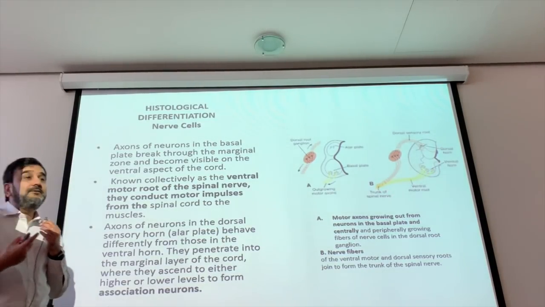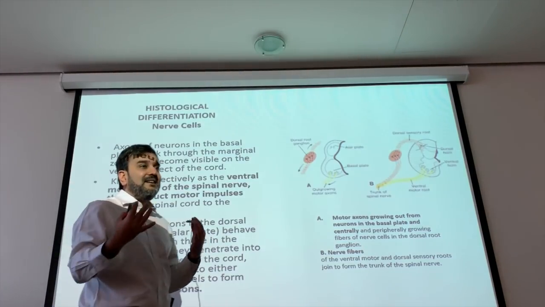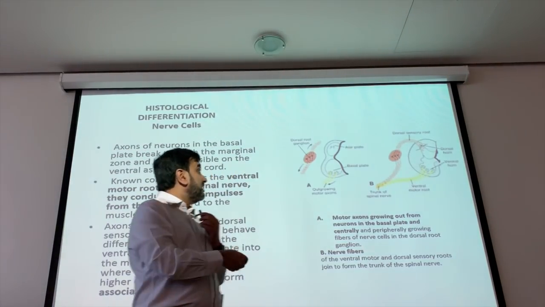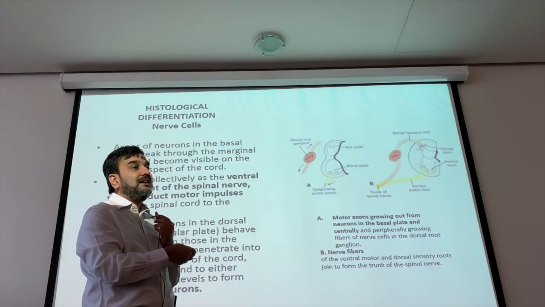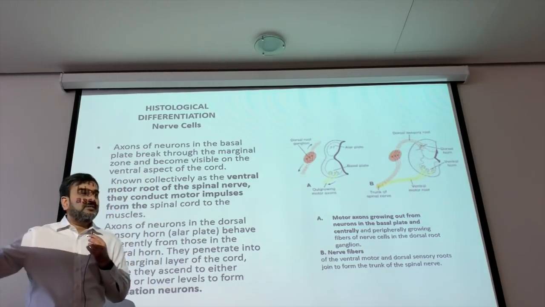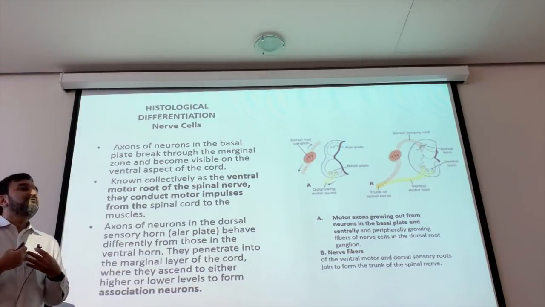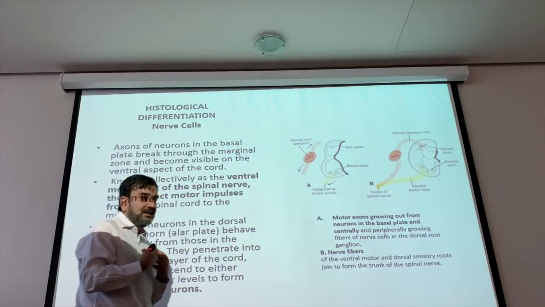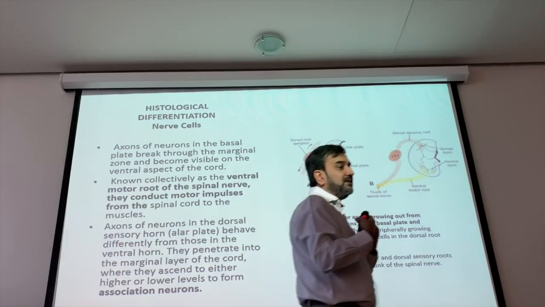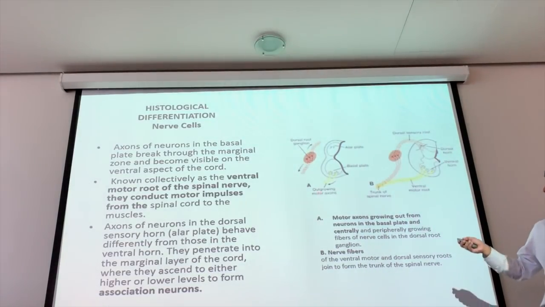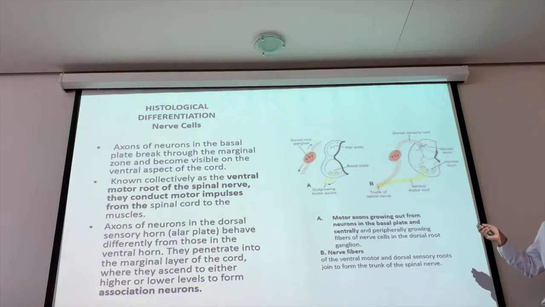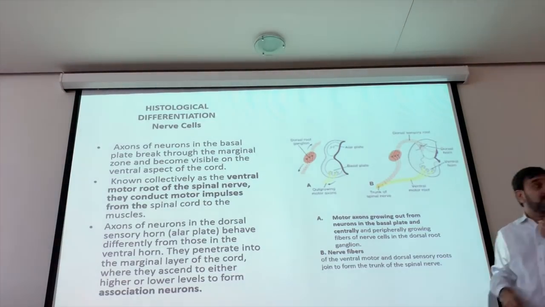So the spinal nerve has both sensory and motor components. The sensory component is coming from the dorsal root ganglia, and the motor component is coming from the basal plate. The processes of the basal plate are going to join there, giving rise to the motor component of the spinal nerve. So the spinal nerve is a mixed nerve. It has a sensory and a motor component.